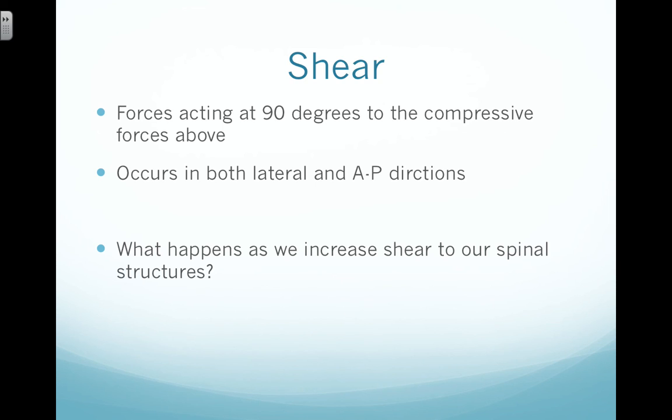And so again, as you think about someone going through functional movements, think about, okay, what's happening as far as axial compression, what's happening with tension and torsion and bending, and now let's think about shear. What is happening with that? And we'll talk a lot more about that as we move into the lumbar spine, what's happening with that shear of our structures in and of themselves.